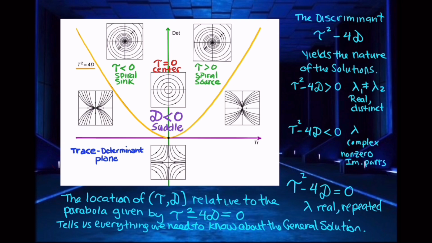We get that saddle situation when the determinant is negative, and therefore it is on the bottom portion of our trace-determinant plane. When the determinant is greater than 0, but the trace is less than 0, we get a real sink. And in the case of the determinant and trace both being positive, we get a real source.